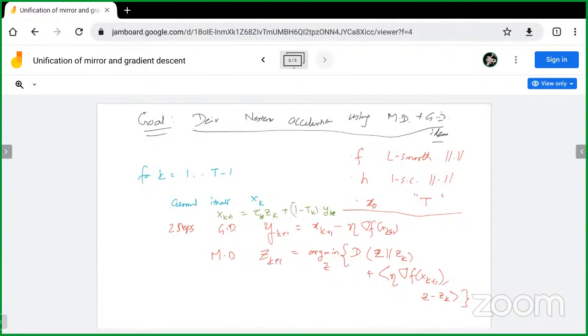Notice, however, that here you have an x instead of a z. So I'm using the gradient from the x, but I'm doing the iterate of the z. This is slightly different from the usual mirror descent. In the usual mirror descent, you have x here and also x here. Here it's slightly different: the gradient is from x, but I'm doing the mirror descent step on z.